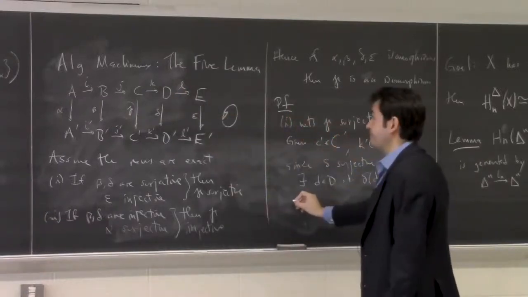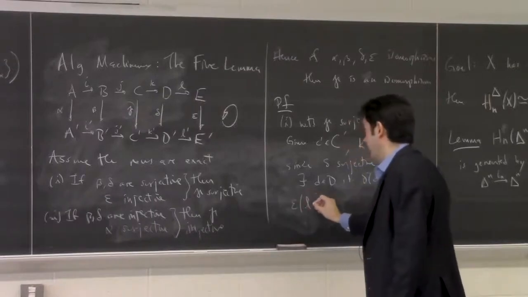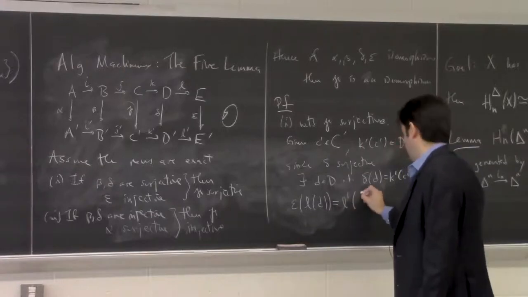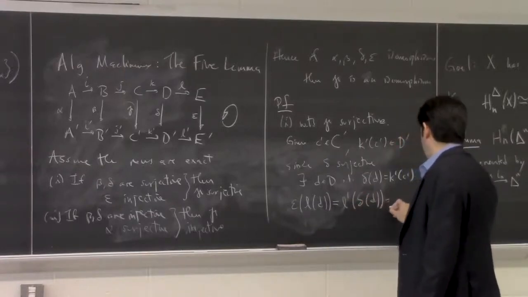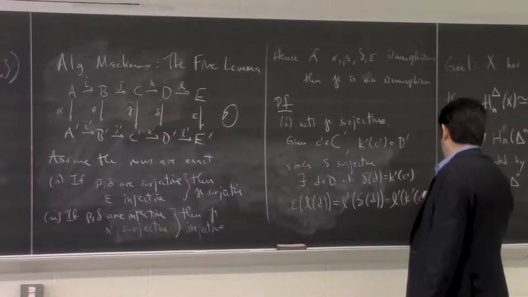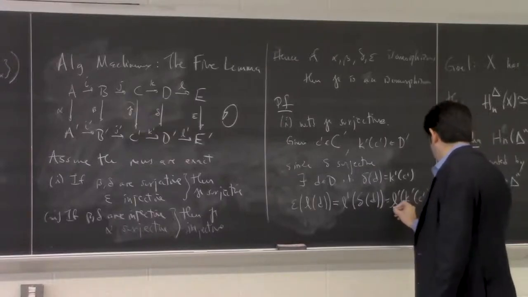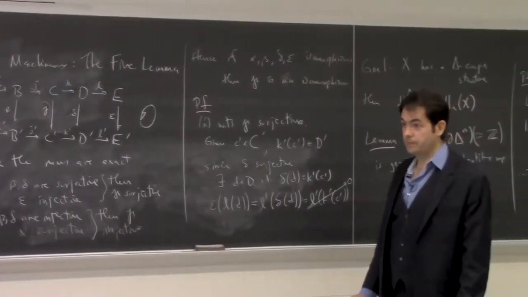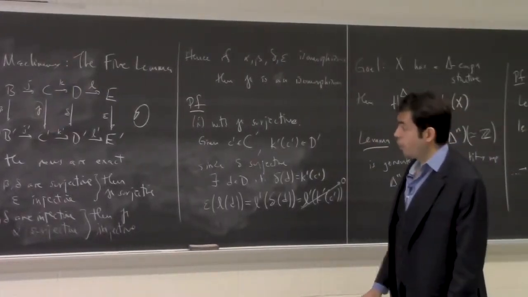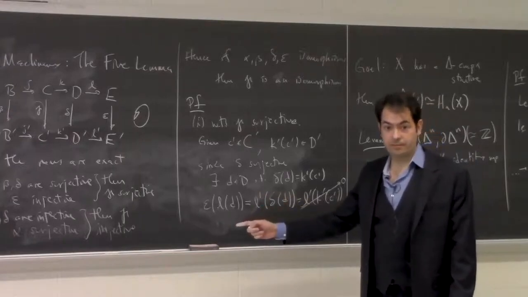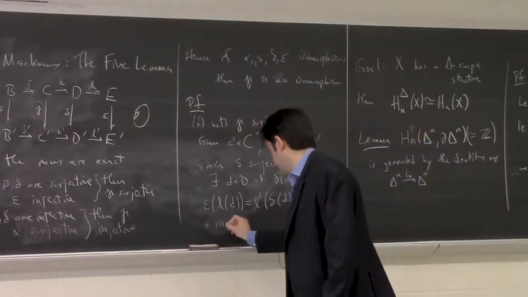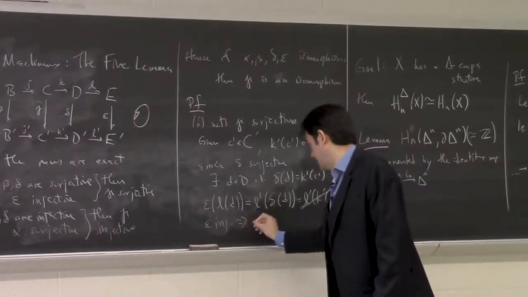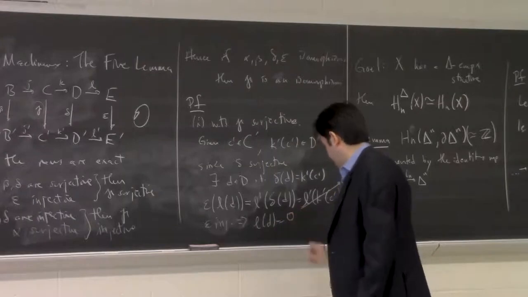So epsilon of L of D is equal to L prime of delta of D, which is L prime of K prime of C prime, and so 0. Okay, but epsilon is injective. So if epsilon of this is equal to 0, then L of D is equal to 0.